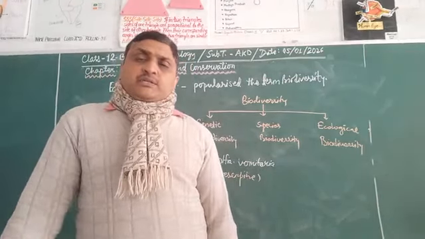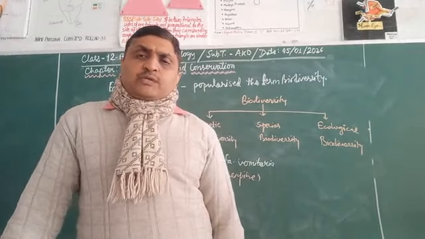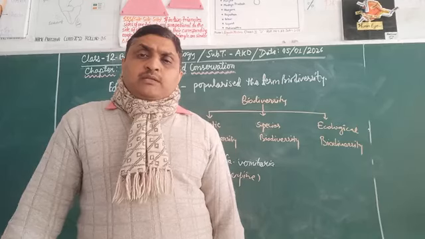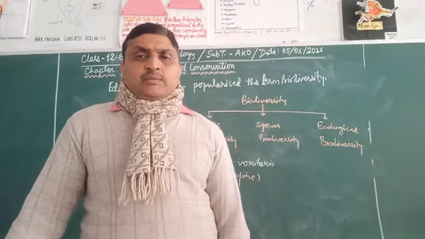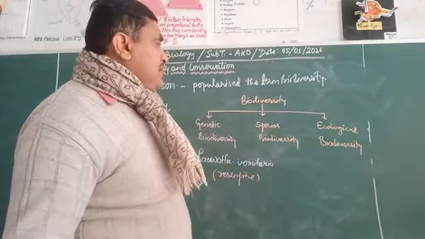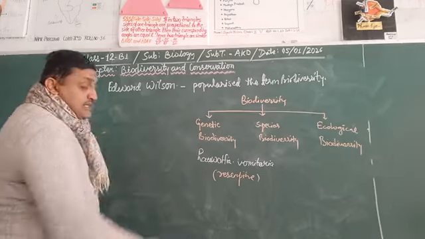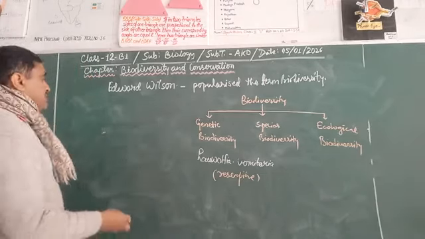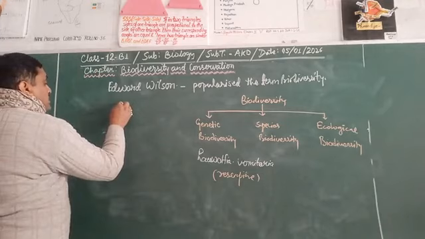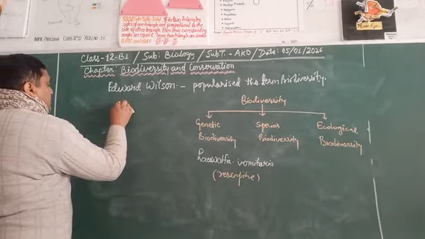In the species diversity, if we discuss the number of animals and the number of plants, the number of animals is maximum. Of the overall diversity, 70% is animals.